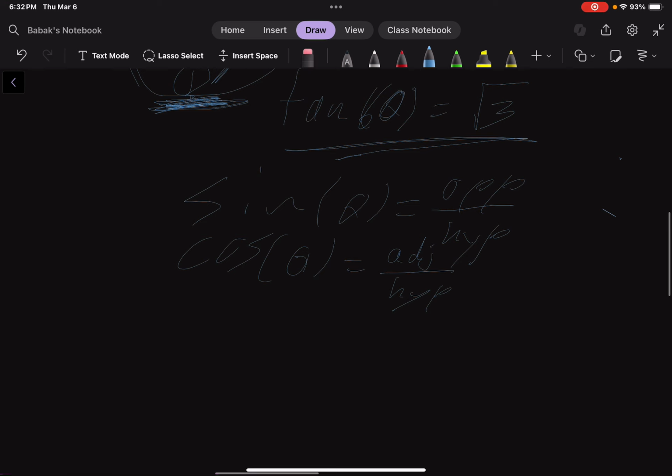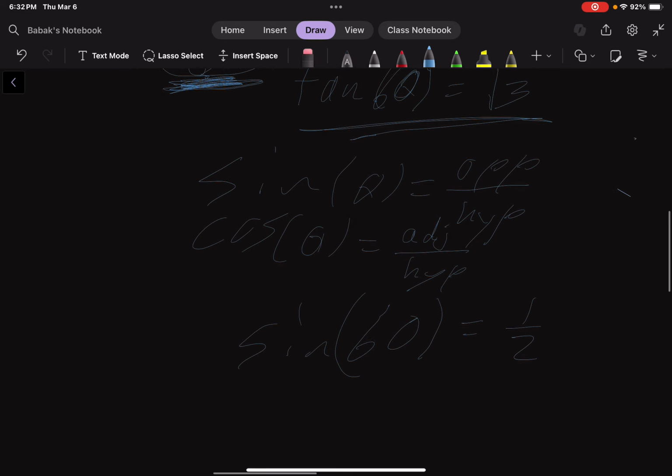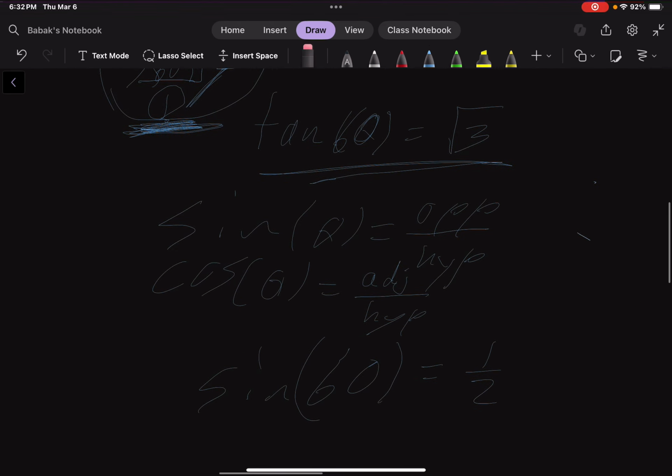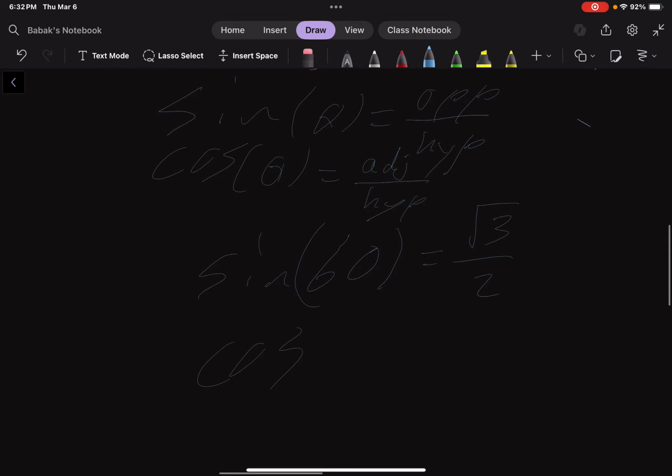So for the angle 60, the sine of 60 is 1 over 2, or, oh, I apologize. It's root 3 over 2. Whereas the cosine of 60 is 1 over 2.